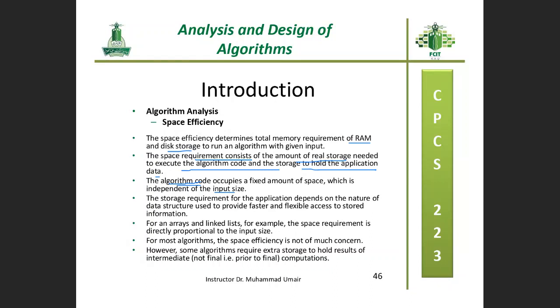So these aspects are explicitly written here. For example, the storage requirement of the application depends on the nature of the data structure used. If you are using an array, then the size of the data will remain fixed. If you are using a linked list, then it keeps on changing during execution of the program. Okay.